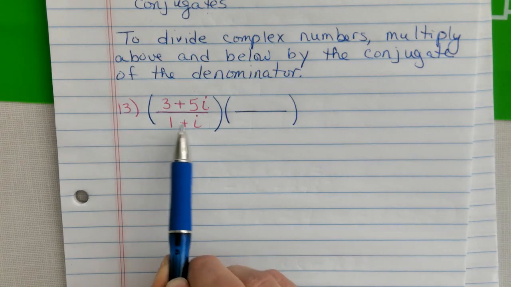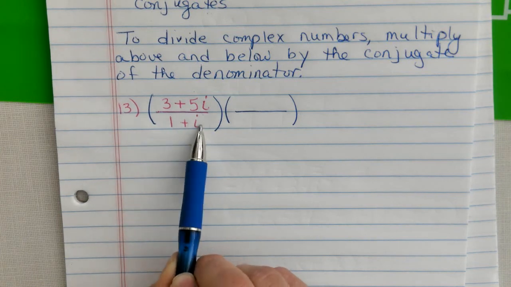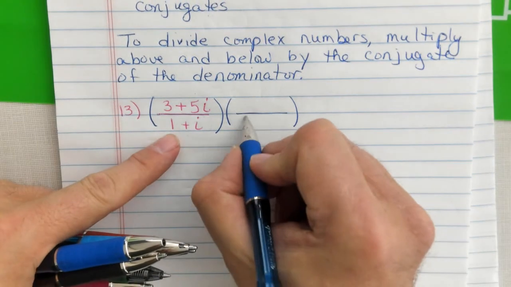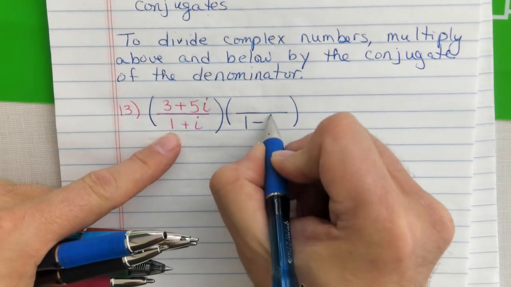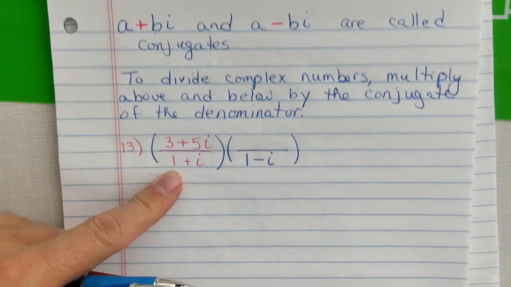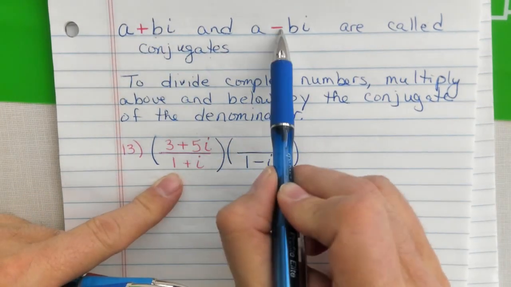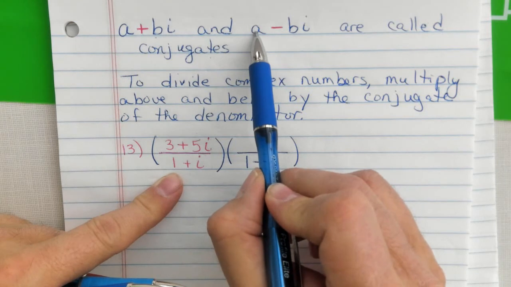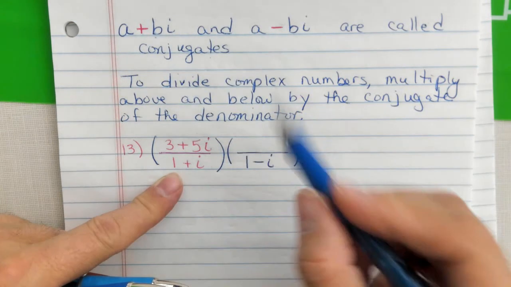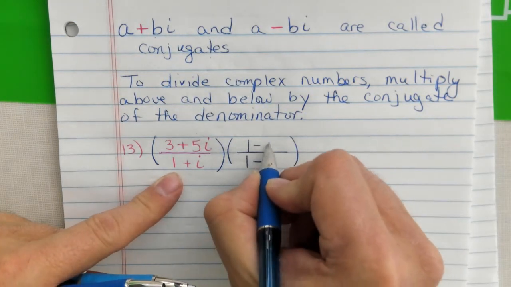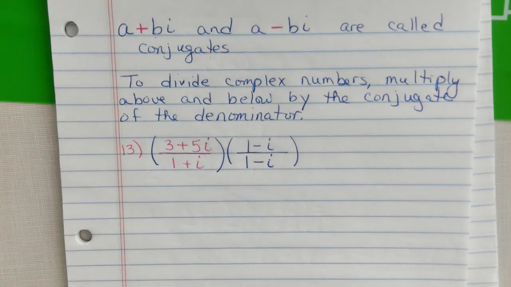So what's the conjugate of 1 plus i? 1 minus i. With a conjugate, you just change the middle sign. Okay? So I'm multiplying above and below by 1 minus i.